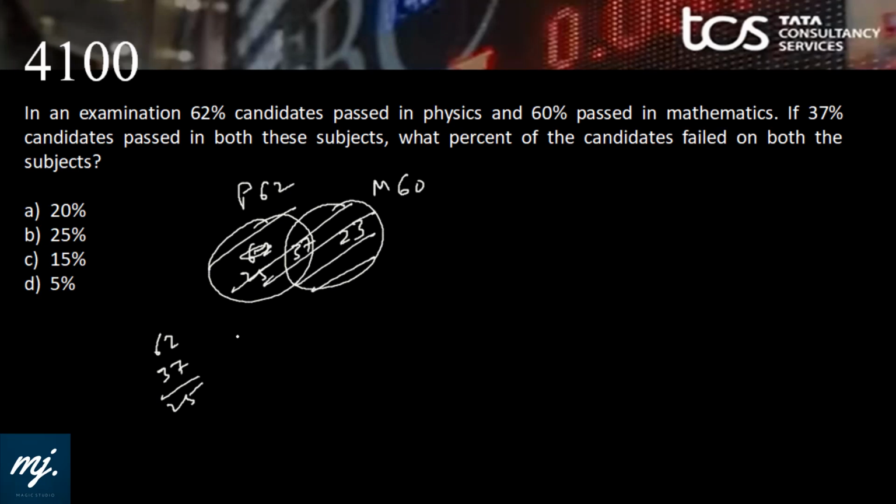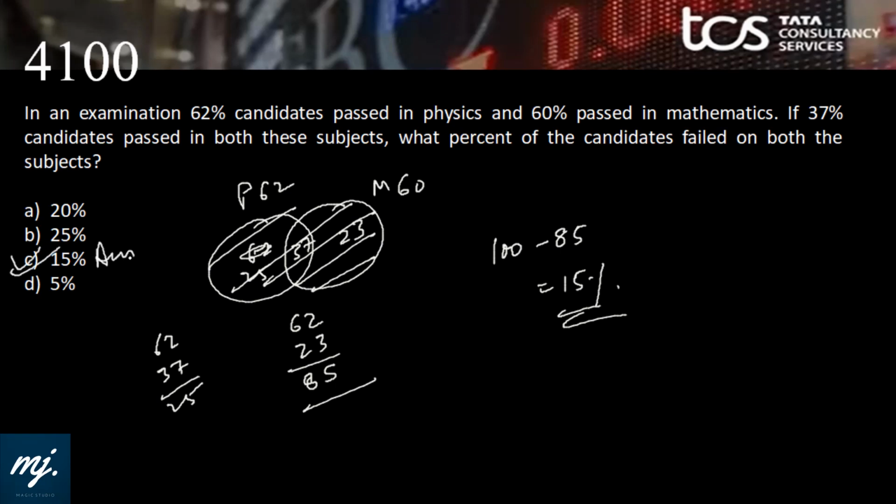So total number of students passed in either of the subjects is 62 plus 23, that is 85. So what percent of the candidates failed in both the subjects? Failed would be 100 minus 85, that is 15%. Option C fits in.